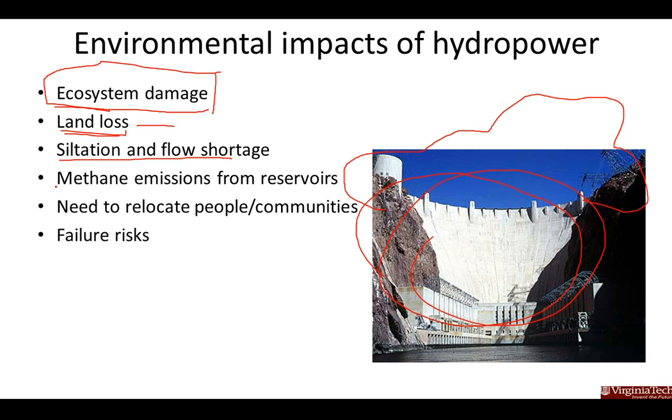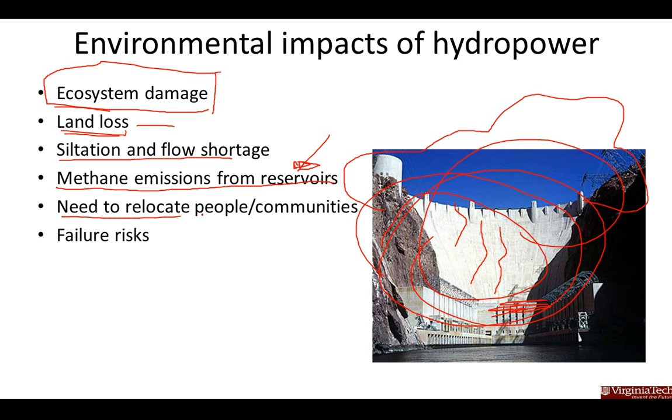From the dam, methane emissions from reservoirs. So this sounds sketchy, like, oh no, you don't produce methane from a dam, Joseph, you're wrong. But no, actually things die up here, and they decompose at the bottom, and then the gas will be released up into the air. And then the need to relocate people and communities, especially if you have this big water lake around this, and then failure risk. What are the potential damages if this dam fails?